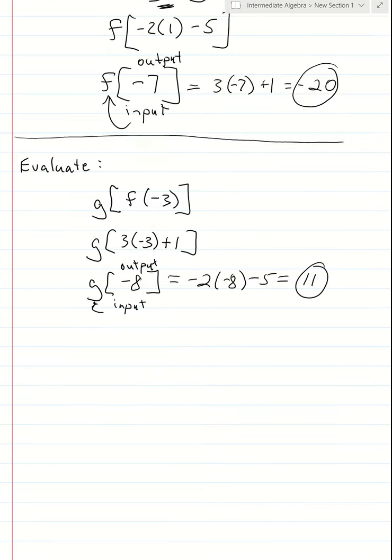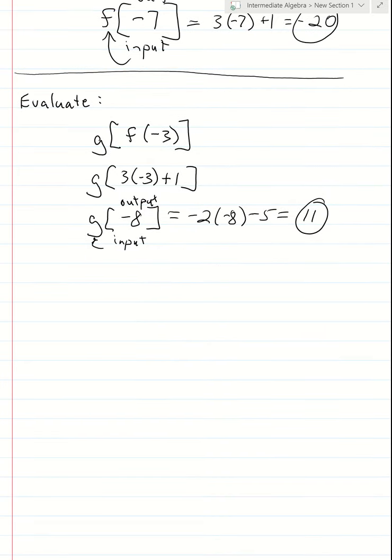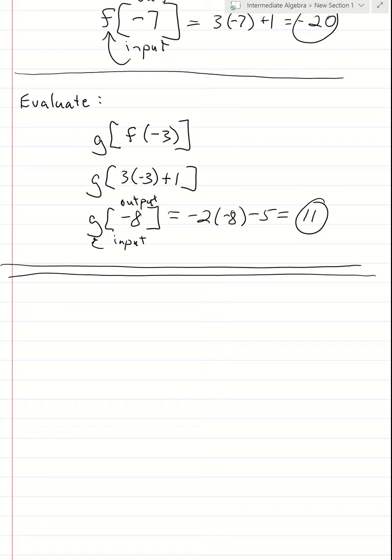Let's try another one. Let's change up the functions a little bit. Let's say the function f of x is defined by 3x plus 2. That's 3 times the input plus 2 more. Let's say we have the function g of x.